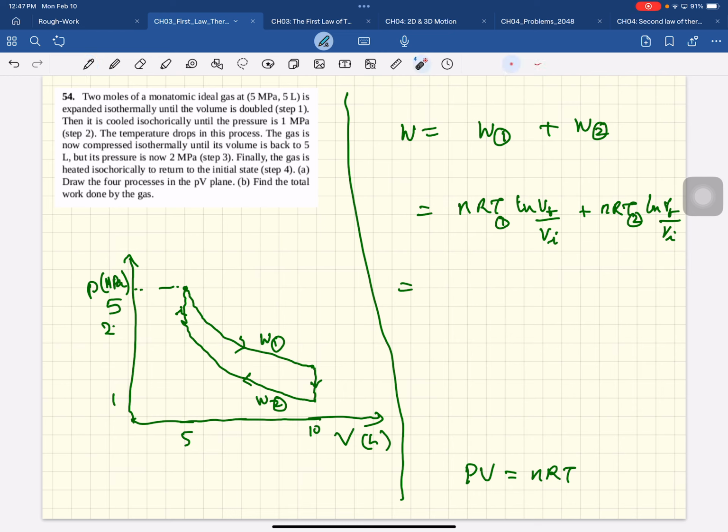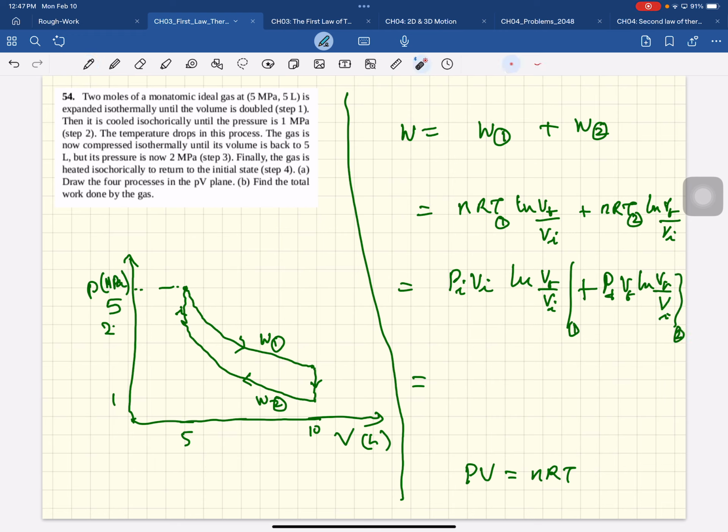So nRT is P initial V initial log V final over V initial for process 1, plus, again, I'm mixing up notations, but you'll see this in a second, log V final over V initial for process 2.